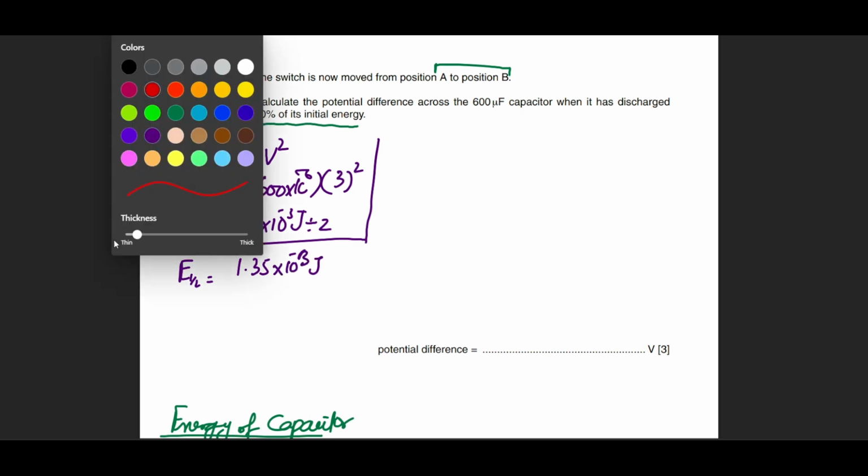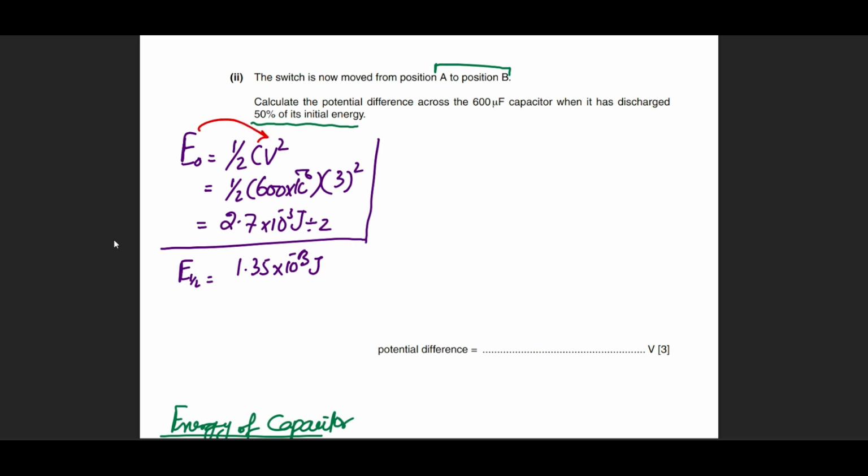I use this equation to find the voltage again. At this energy, how much voltage will it sustain? So 1.35 into 10 raised to the power minus 3 equals half, capacitance is 600 into 10 raised to the power minus 6, and this is V square. One thing students ignore at the end of the equation is that a square is there. If you take this multiplication over there, and take it into division, then you have to take the square root at the end.